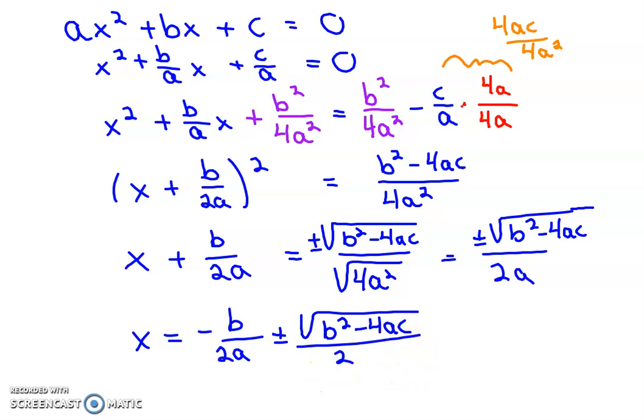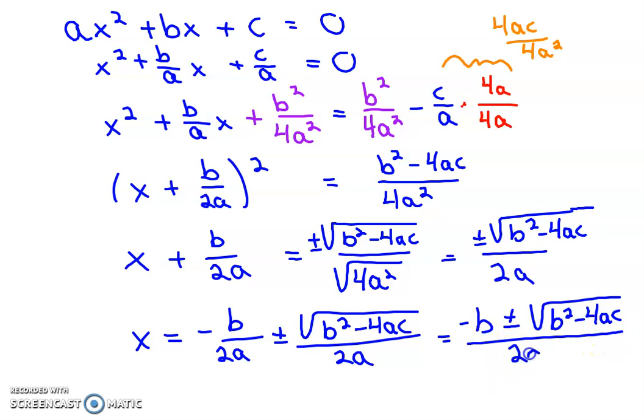And if you don't mind, I'm going to combine these into, oops, that should be an a down here. We're going to combine these into one fraction because they have the same denominator. So I'm just going to write negative b plus or minus the square root of b squared minus 4ac all divided by 2a.